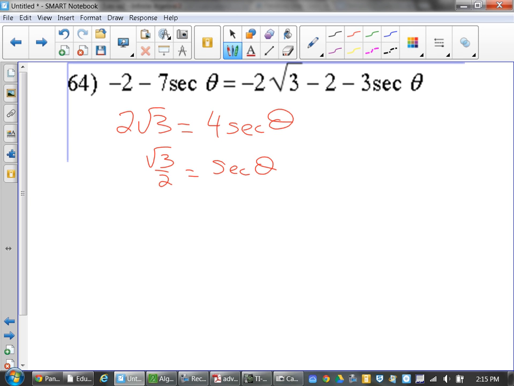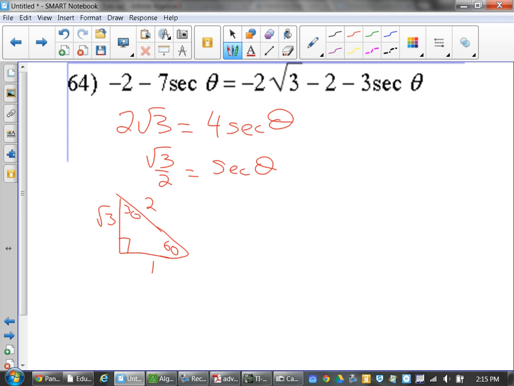So what angle has a secant value of root 3 over 2? Which triangle has the root 3's and 2's? That's a 30, 60, 90. Secant is the inverse of what?